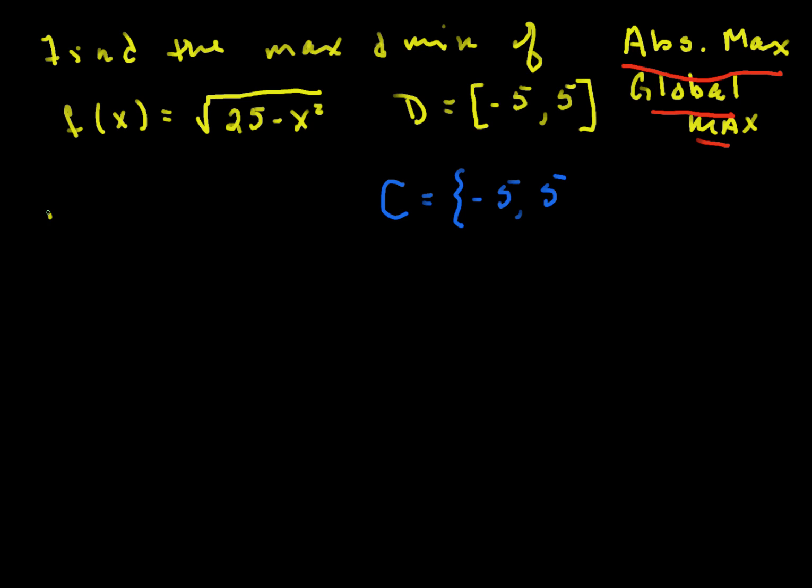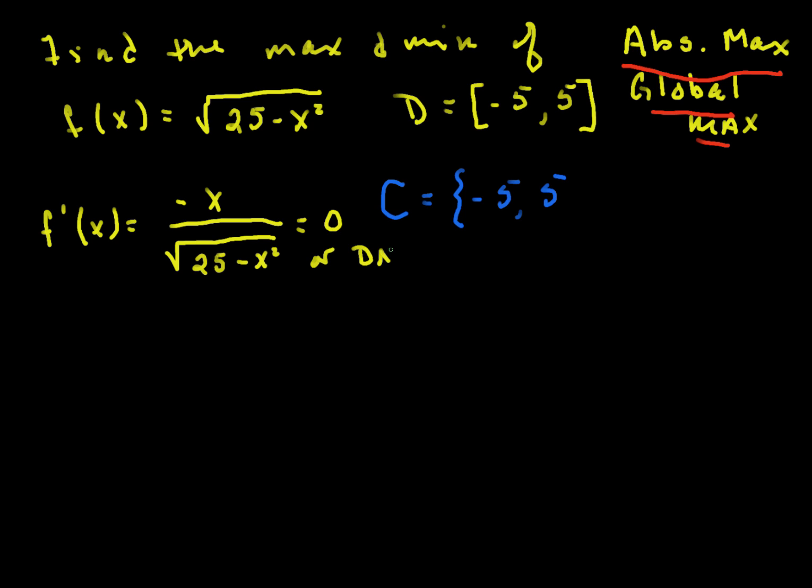So f prime of x is equal to -x over the square root of 25 minus x squared. So there's my derivative, and I need to ask, when is it 0, or when does it not exist?